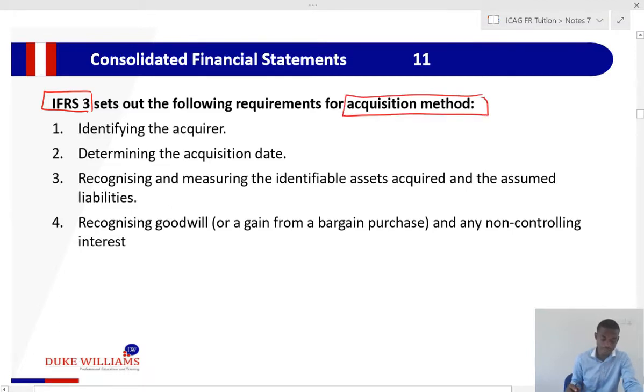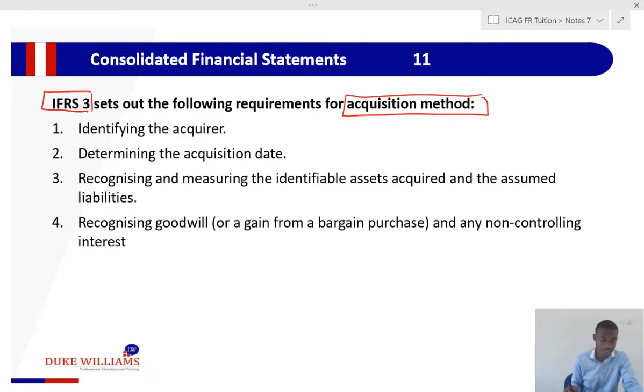And under the acquisition method, the parent should go through these 4 steps in establishing that he or she is the parent and also determining the goodwill at acquisition. So the first step is identifying the acquirer.